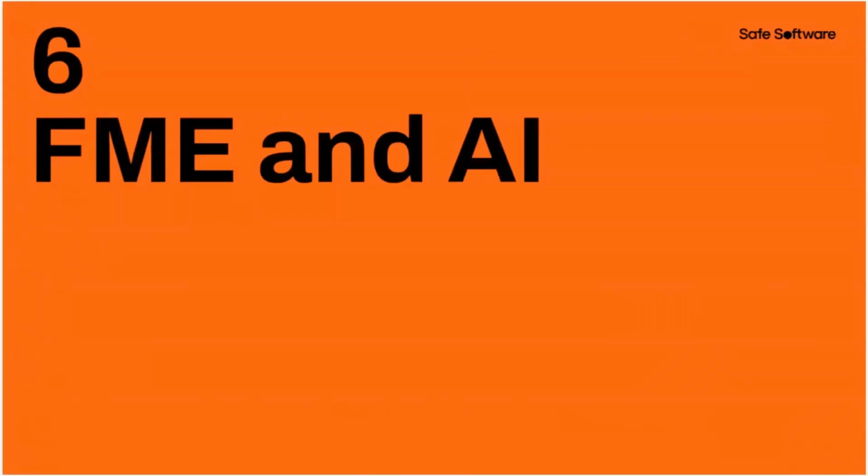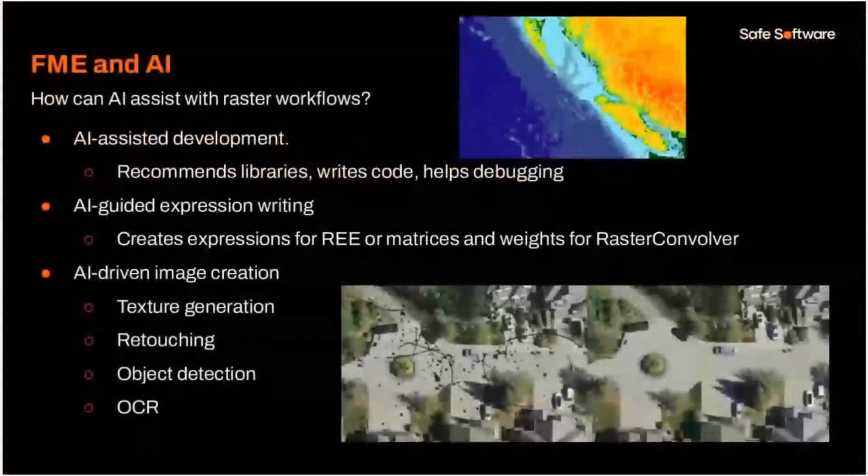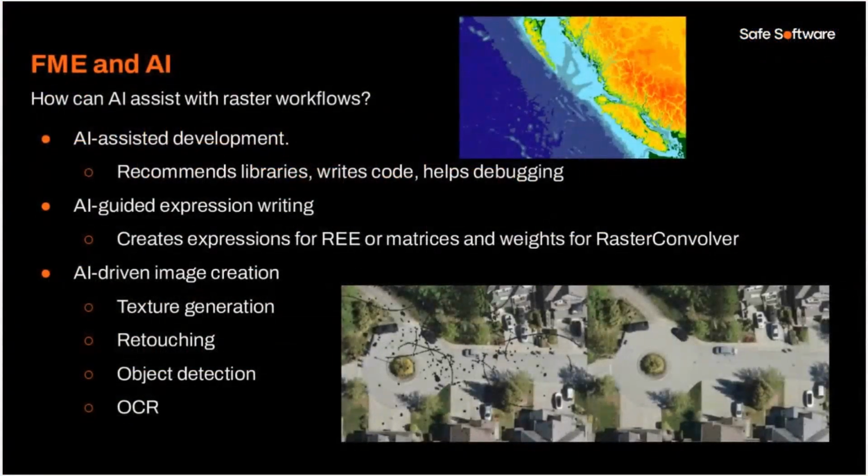Jumping into the next section, we've covered how rasters work and how to manipulate them in FME. So let's now explore how AI can elevate these workflows even further. AI can enhance raster workflows in several powerful ways. It can assist during development by recommending libraries, writing snippets of code, or helping with debugging.